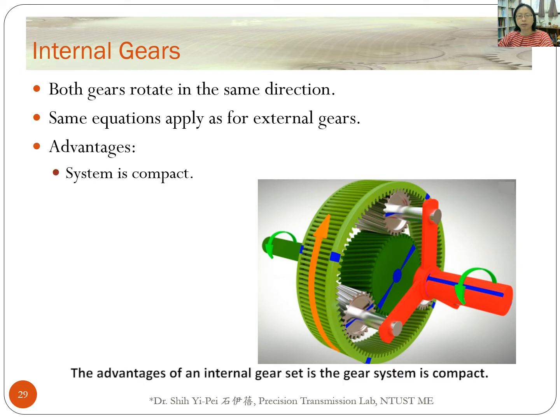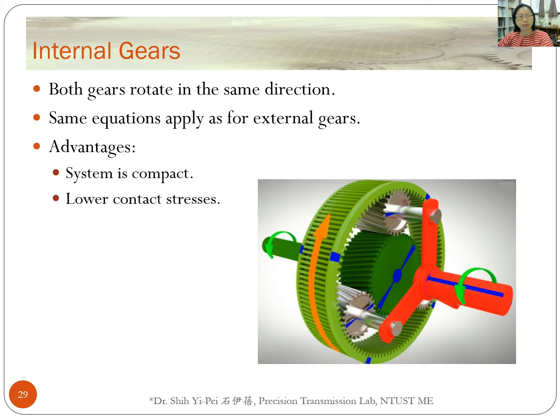The advantage of an internal gear set is that the gear system is compact. There are lower contact stresses because the teeth of the internal gear are concave, and there is greater length of contact possible between mating teeth.